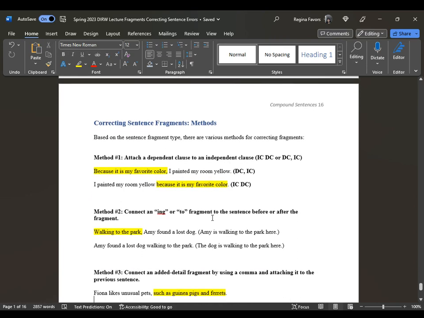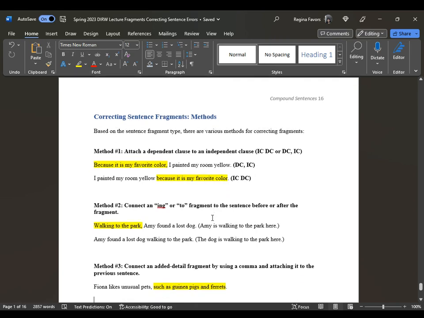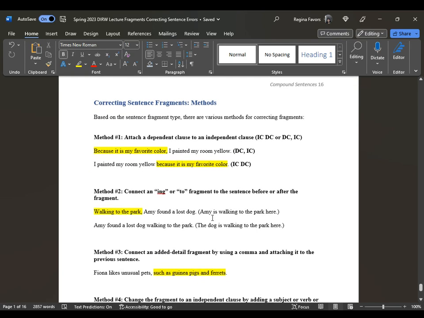Connect an ing or to fragment to the sentence before or after the fragment. So, walking to the park, Amy found the lost dog. But you have to be careful about that, because if we switched it around, Amy is walking to the park in the first sentence.